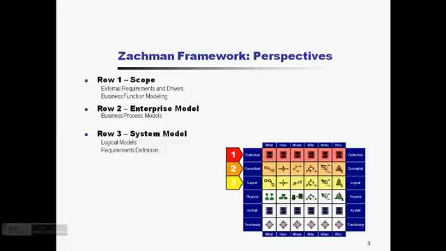The third row is about the designers' perspective, the engineers, architects, the people who design this system. The intermediary between what is desirable by the owners in row 2 and what is physically and technologically possible to build in row 4. So this is something between these two perspectives.